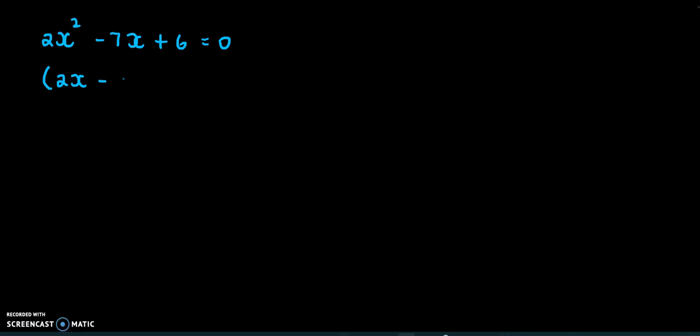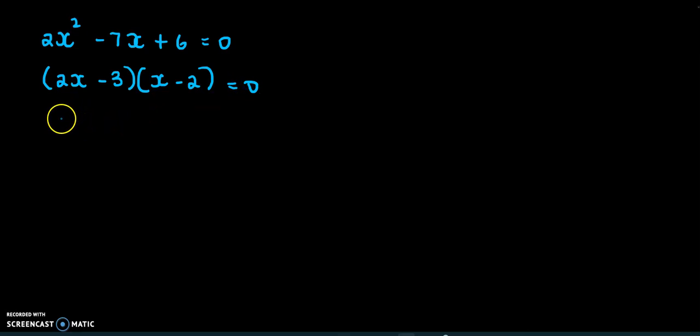Our final example, let's say we have 2x squared minus 7x plus 6 is equal to 0. So we're going to get 2x minus 3 into x minus 2 is equal to 0.